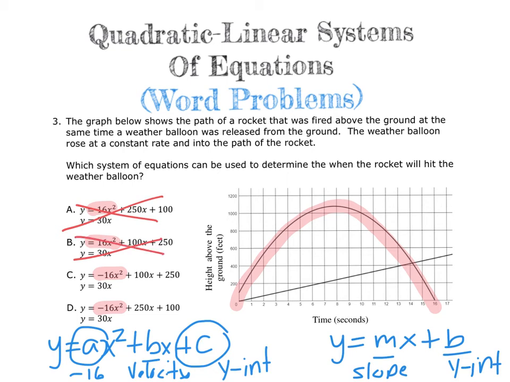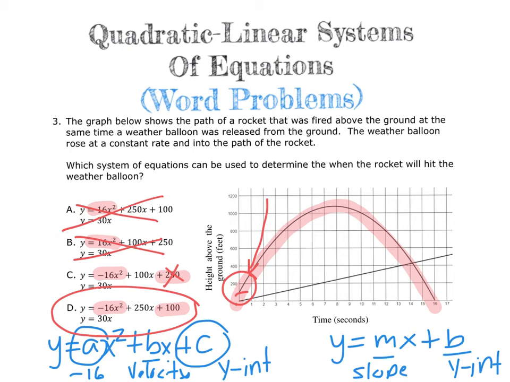So now we go down to C and D. The next thing I do is look at the y-intercept. Where does the parabola begin? To do that, I look at this part of the graph. Where does the quadratic cross the y-axis? That point right there, as a guesstimate, is about 100. So that's my answer choice, instead of 250.